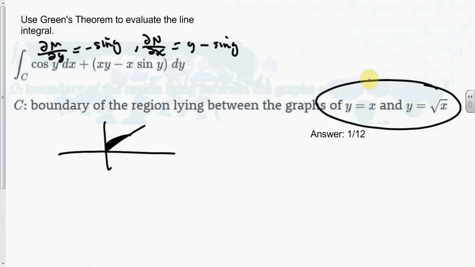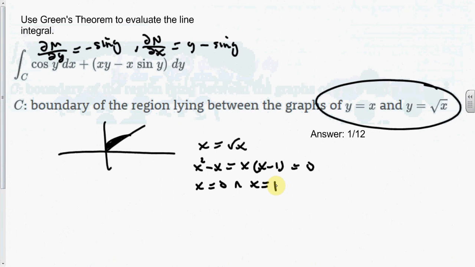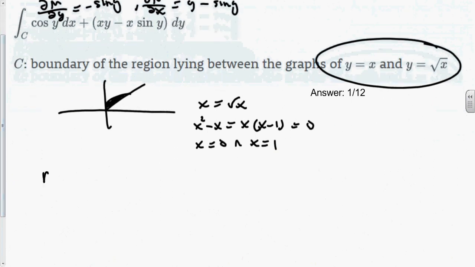For these two guys right here, you remember? You set x equal to the square root of x. Get x squared minus x equal to x times x minus 1 equal to 0. x equal to 0, x equal to 1. So the region goes from x 0 to 1, and then y goes from the line on the bottom, x, to that radical, the square root of x.